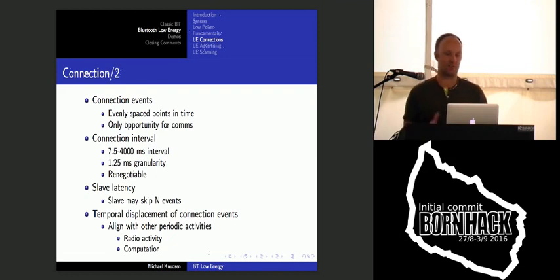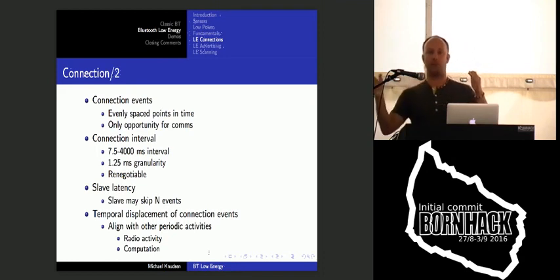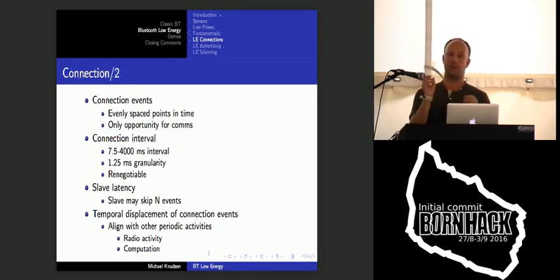It's also possible to specify some sort of temporal displacement of connection events. This allows you to align your connection events with other periodic activities. Suppose you're a device, you only have 1 radio, and you have maybe 2 connections. This allows you to make sure that the connections are not serviced at the same point in time, because then you'd have to skip connecting to either device.